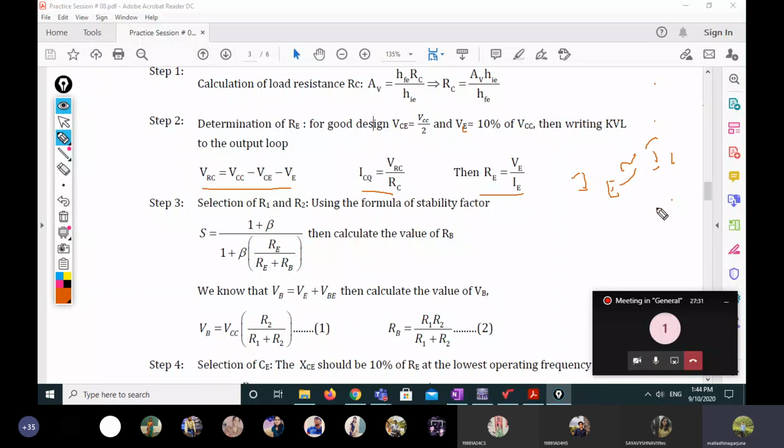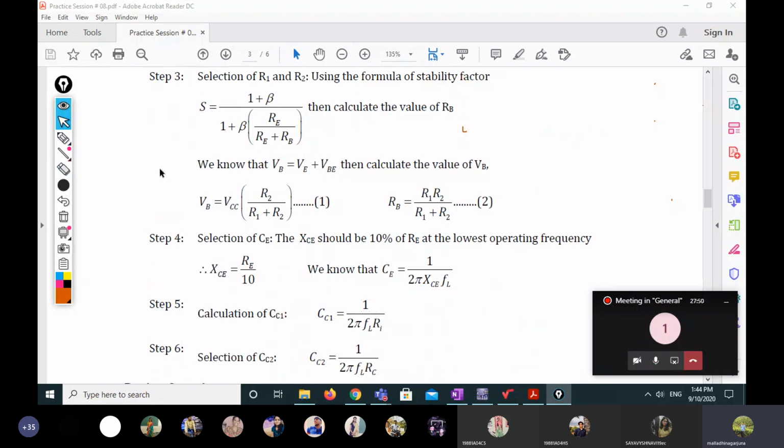IC already calculated, so IE approximately equal to IC. So you can calculate the RE resistor. Then step 3 is selection of R1, R2. So RC, RE calculated, two resistors are over. And then next coming to R1 and R2.